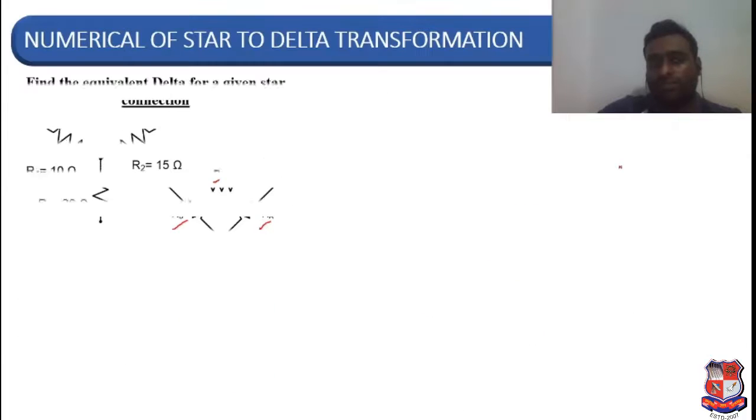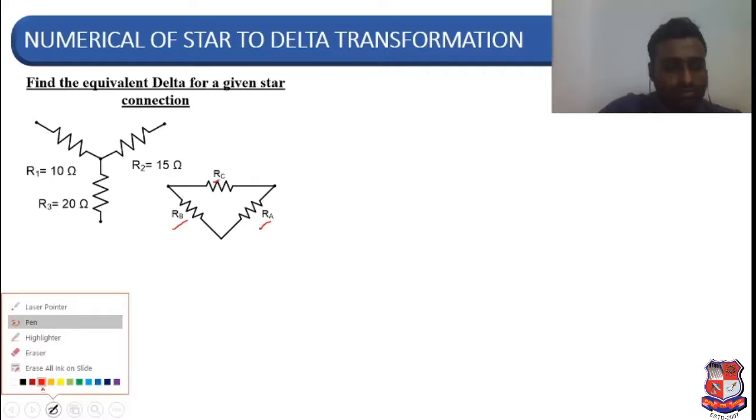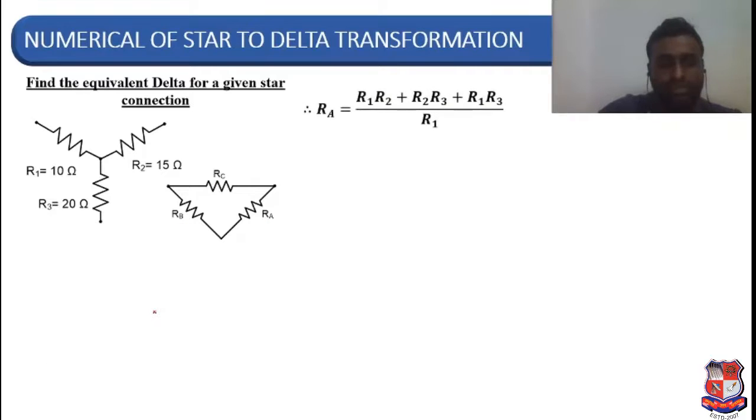If you apply the equations, what will be the equation? You know RA, what is the equivalent resistance? If you incorporate this inside, it will be like this. Over here there is one resistance, here the second resistance, and here the third resistance.